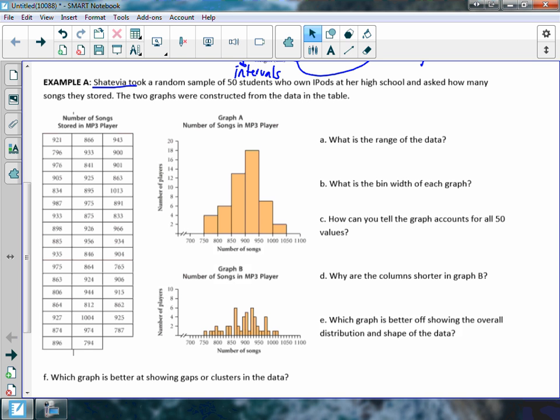Well, we obviously know that range is going to be max minus min. So take a moment and check your table, see if you can find the max value and the min value off of your table. I think 1013 looks like it's going to be my max value.